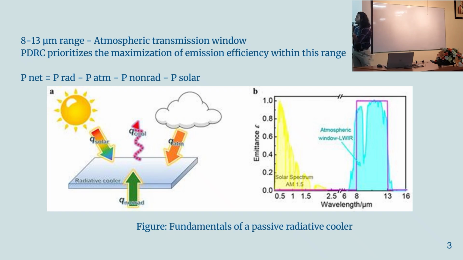The sun emits a lot of radiation towards Earth in a wavelength spectrum less than 3 micrometers, less than about 2 micrometers. The area that we need is the 8 to 13 range. Because radiation does not come from this region, it will not warm our material.